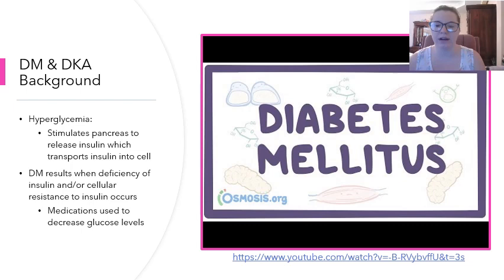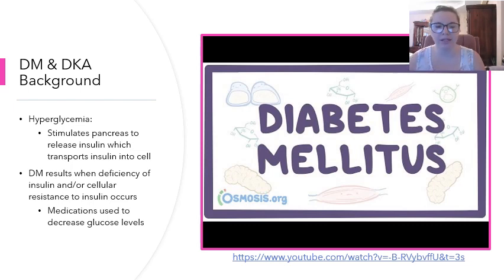There are instances of hypoglycemia, so low blood sugar, and so there are some medications to help with that. But for the most part, we are treating high blood sugar. So in normal situations, that stimulates the pancreas to release insulin and transports insulin into the cell, which then decreases the blood sugar. That's the normal regulation.